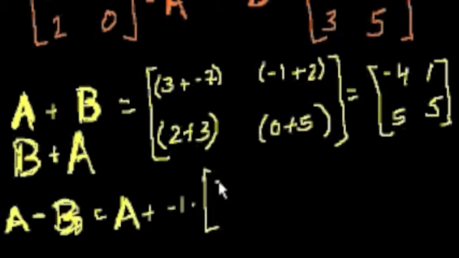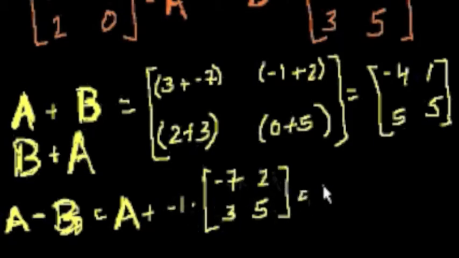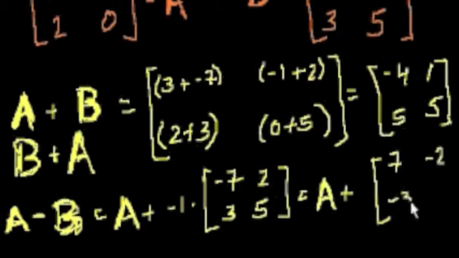Well, B is -7, 2, 3, 5. And when you multiply a scalar, when you just multiply a number times a matrix, you just multiply that number times every one of its elements. So that equals the matrix A plus the matrix. We just multiply this -1 times every element in here. So 7, -2, -3, and 5.